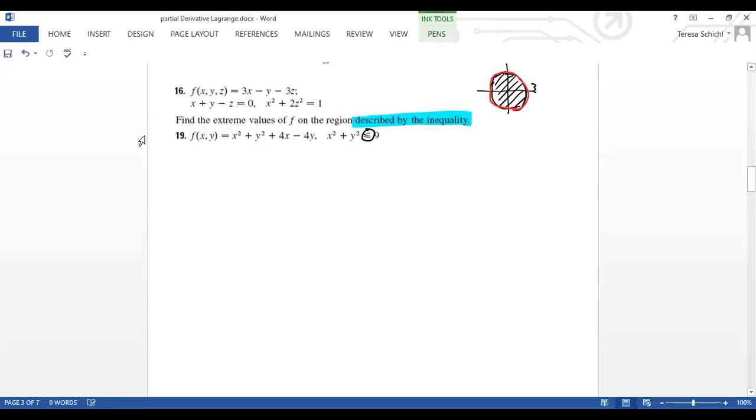So for the interior points, remember what we said, we need to check every point, where it could be the max or min. For all the interior points, we will find the critical point.